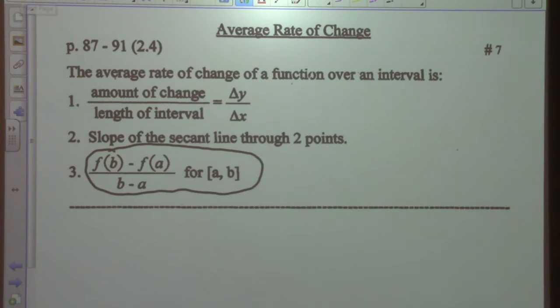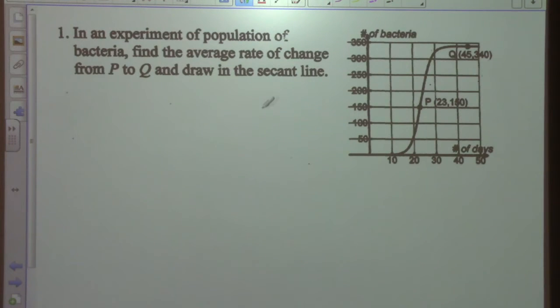And then next, we have this problem here. An experiment of population of bacteria, find the average rate of change from P to Q and draw on the secant line. And so based on the language here, we could consider this like A is equal to 23 and B is equal to 45, right?